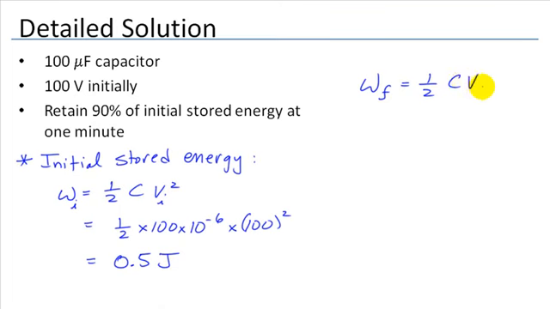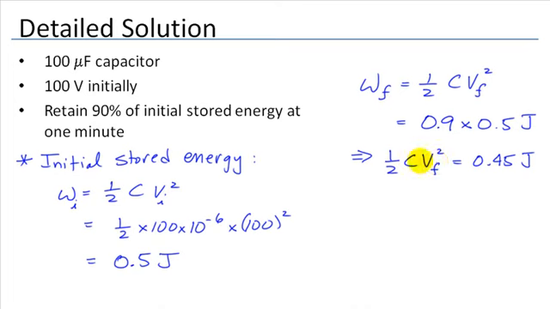I'll use W sub F to indicate the final energy. We're trying to find that value V sub F, the final voltage. So we can say that the final energy is supposed to be no less than 0.9 times the 1/2 joule that we had originally. Therefore, we have the expression for energy equated to 0.45 joules.